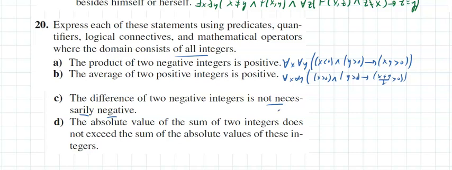So it's not for all numbers that if the first one is negative and the second one is negative, then the difference is negative. Let me check if I did this correctly. Yeah, I think so.